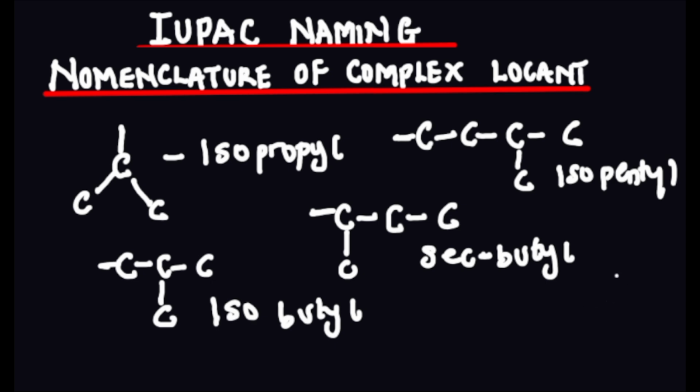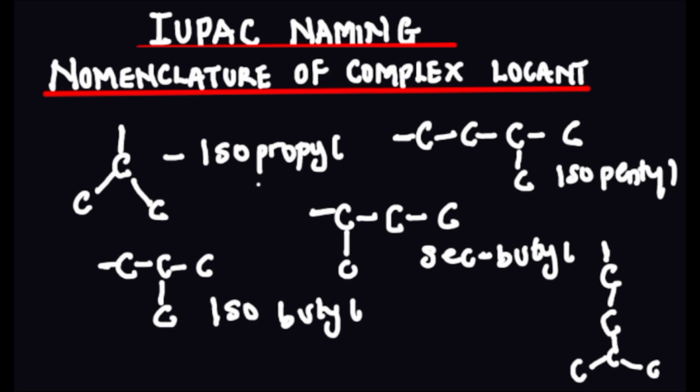You can also see it in another form: let's say a carbon is here, then the bond is going to be here, then another carbon here, then a carbon here, and another carbon here. This is isopentyl. So whenever you're naming any organic compound and you see this kind of substituent, it is called isopentyl. This one is called sec-butyl, this one is called isobutyl, while this one is called isopropyl.